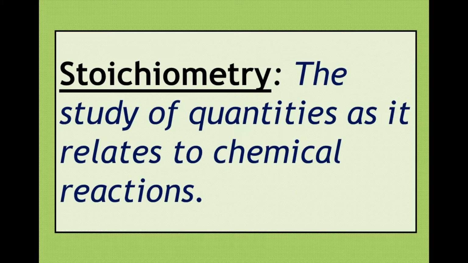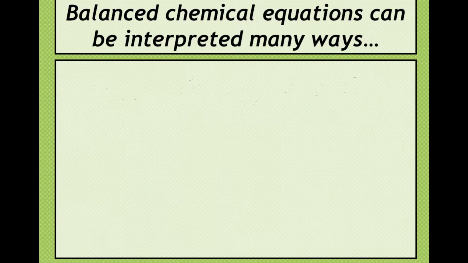This looks like a really good matching question. But it's just the study of quantities as it relates to chemical reactions. So that's it. It's very simple. We're going to be able to tell how much mass of one thing we can make if we are given a mass or a mole amount, a quantity of something else in the reaction.